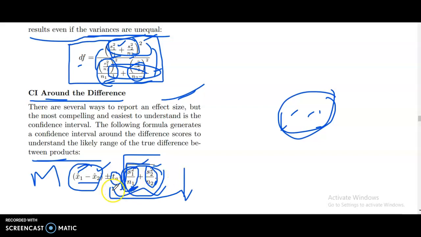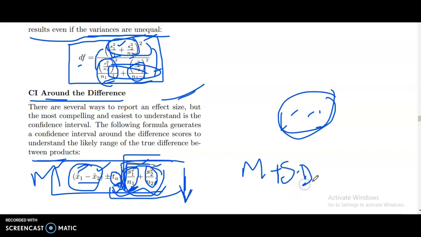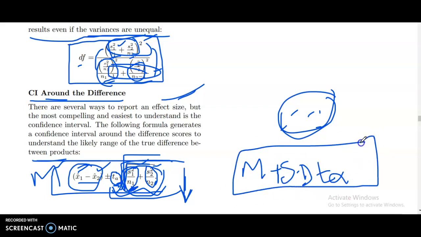Then squaring and rooting are for scaling purposes only, then multiply by t alpha. So the mean plus or minus the standard deviation term is added, that's all.